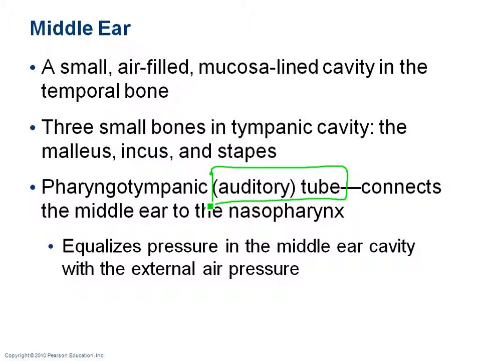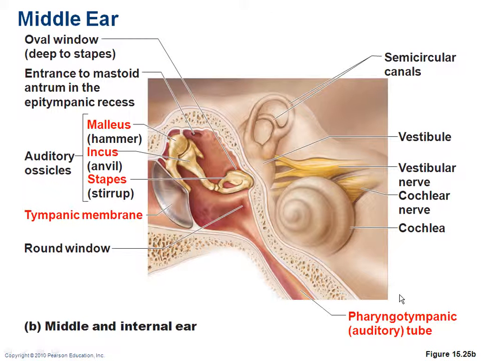We just talked about auditory canal. They're completely different, so make sure you understand. I'll show you a picture in just a second. Pharyngotympanic, and that has to do with the pharynx area and the tympanic membrane. That word cracks me up because I don't know anybody that says it. Most people say auditory tube. And this is going to help equalize pressure, and it's better if I show you the picture here.